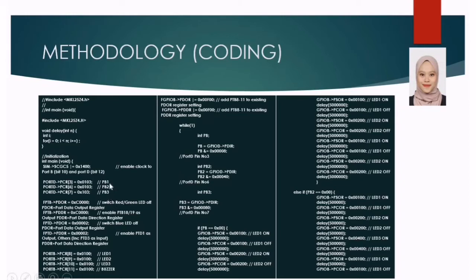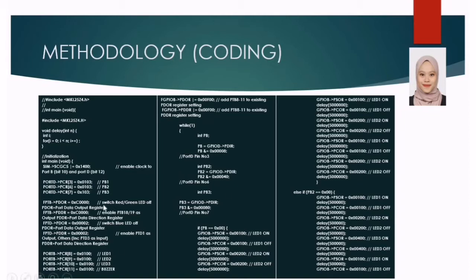Okay, PB1 for patrol, PB2 for VIP and PB3 for emergency.